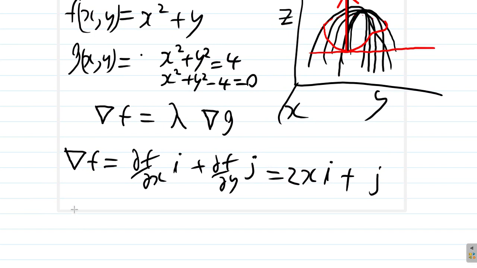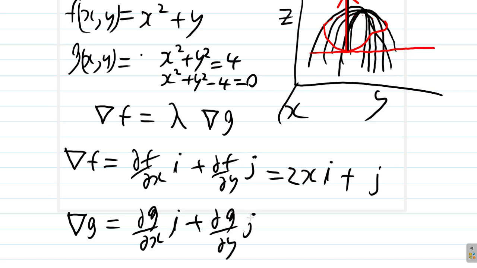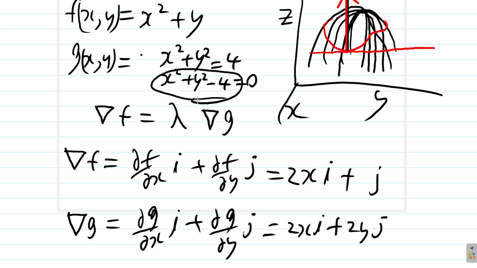And then, what is the gradient vector of the constraint g? In this case, delta g by delta x in the I direction plus delta g by delta y in the j direction will give us 2x in the I direction plus 2y in the j direction when you differentiate this, right? You see that?